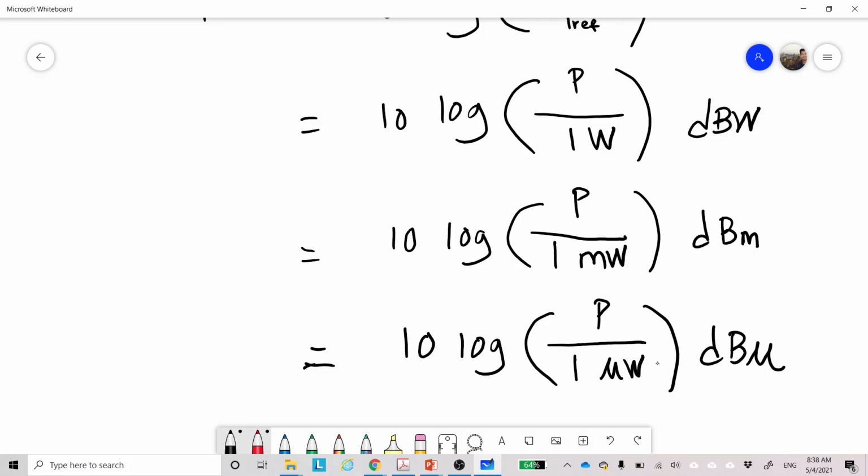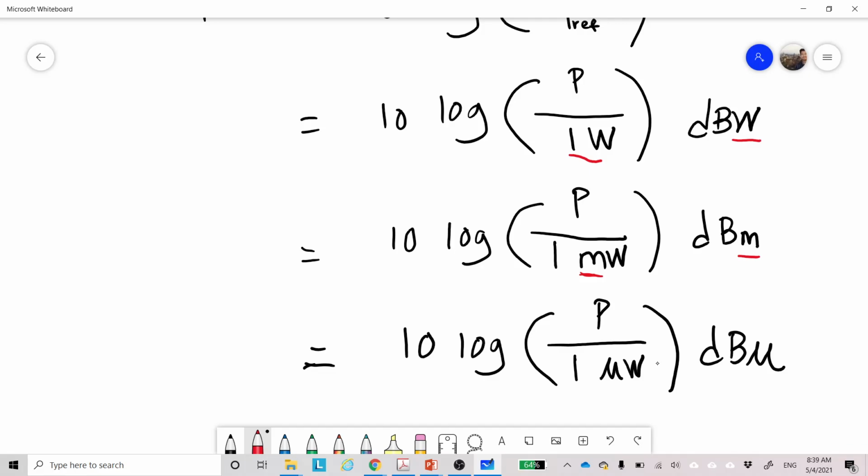Okay. So the key point here is you need to look at the reference. If the reference is 1 watt, that means we will produce dBW. If the reference is milli, we will produce dB milliwatt.